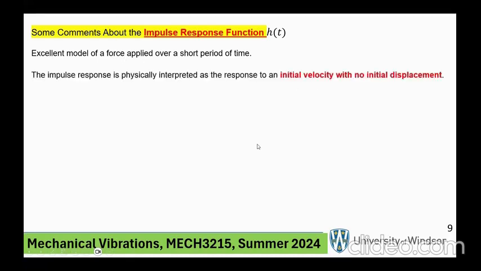Now, one more way of saying it is that the impulse response is physically interpreted as the response to an initial velocity and no initial displacement. This is what we had in the previous slides. So h of t is the response due to an initial velocity and 0 initial displacement.